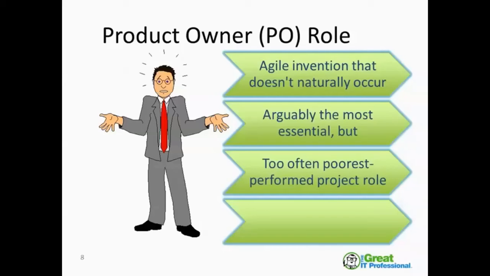Now, I would argue, and I think many people would argue, that the product owner is the most essential role, but too often it's the poorest performed role in an Agile project. And difficulties arise especially as related to business analysis. So we want to deal with that.